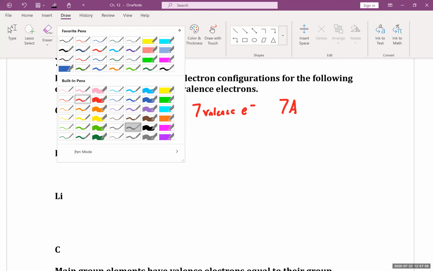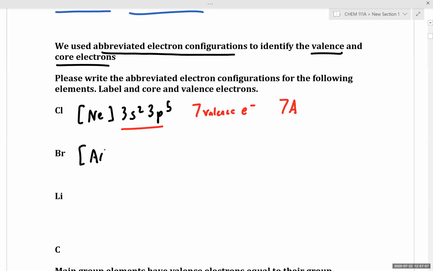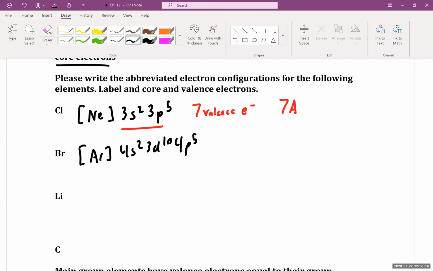Now, let's look at bromine. Bromine is argon, 4s2, 3d10, 4p5. My question to all of you, and this is important, is how many valence electrons does bromine have?